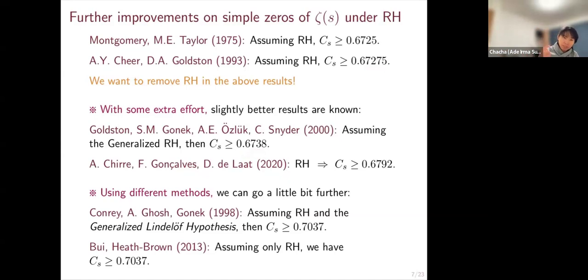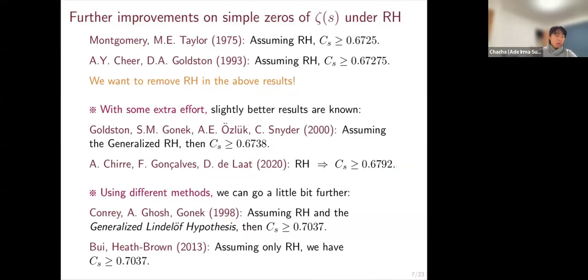And in the recent result by Chirag, Gonçalves, and Dela, they could improve that even further, but still not going up to 68%. And this still relies on Montgomery's idea, but you need some extra, let's say, information. And especially what Chirag, Gonçalves, and Dela did is that they use some sort of linear programming to completely optimize the kernel. And this is so far what we get.